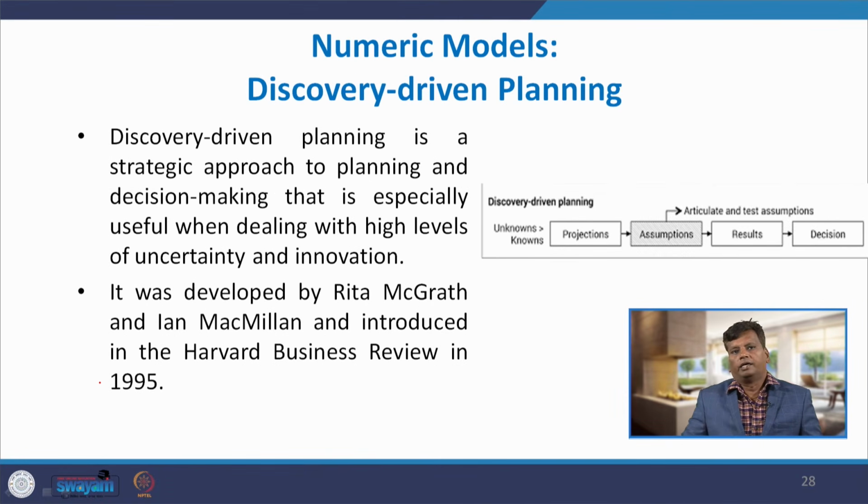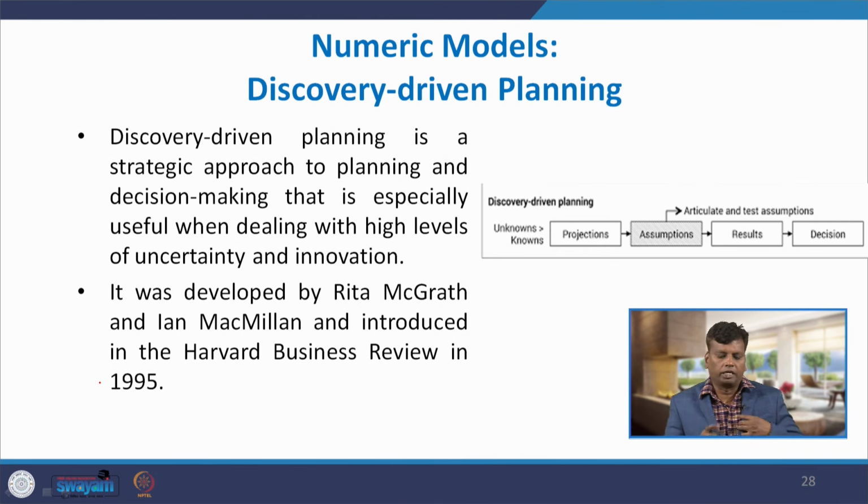Discovery driven planning is a strategic approach to planning and decision making that is especially useful when dealing with a high level of uncertainty and innovation. Suppose a project has a high level of uncertainty and innovation, then discovery driven planning is used. It was developed by Rita McGrath and Ian MacMillan and introduced in the Harvard Business Review in 1995.